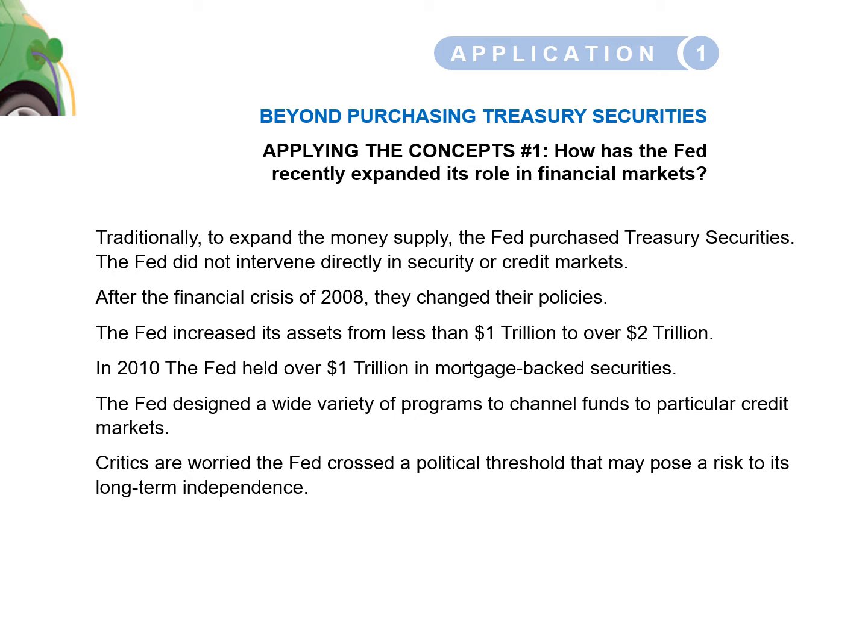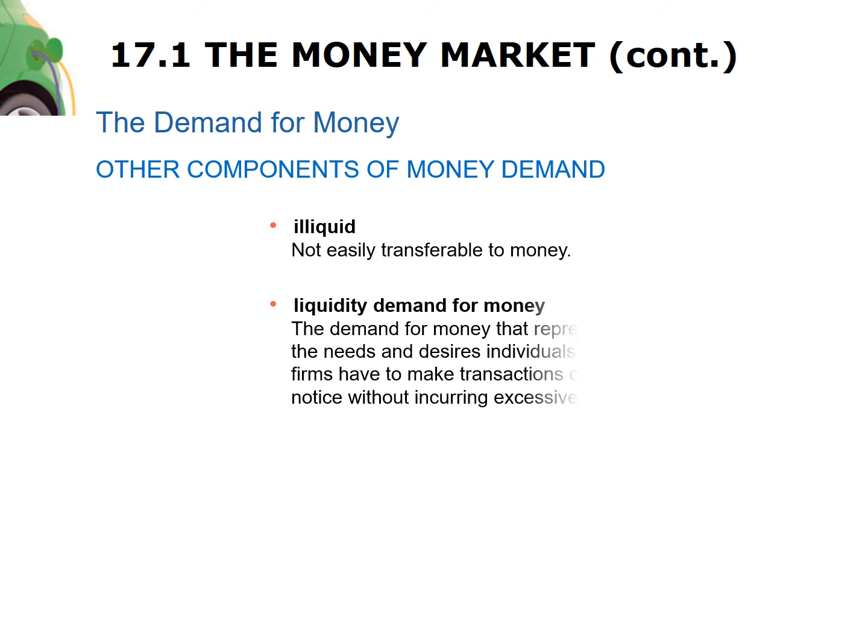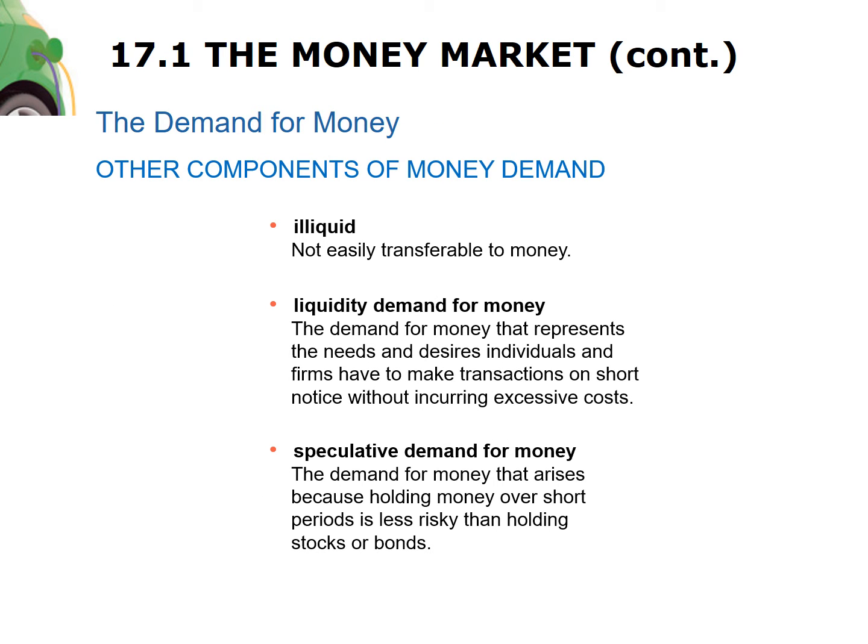On this slide, we are going to discuss the demand for money. So there are some part of monetary instrument that's relatively less liquid or illiquid, which is not very easy to convert into money.